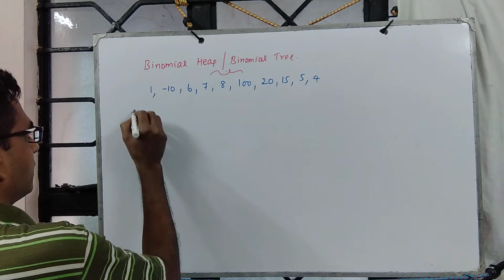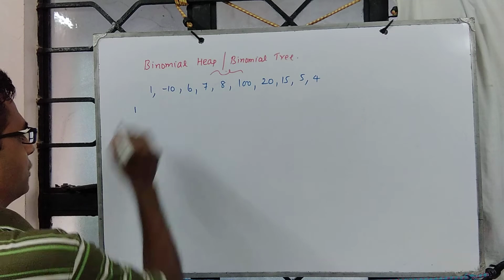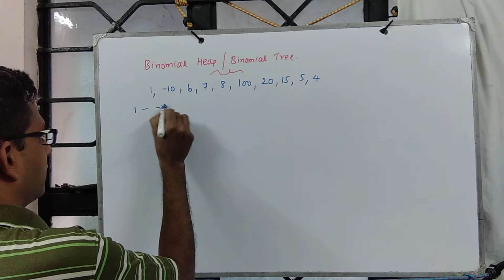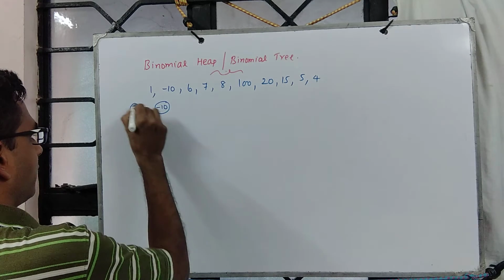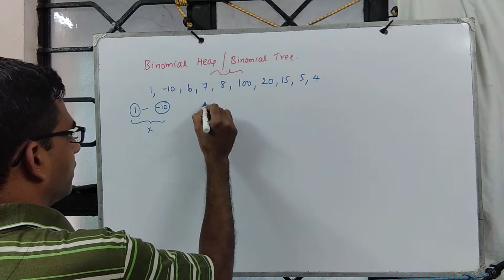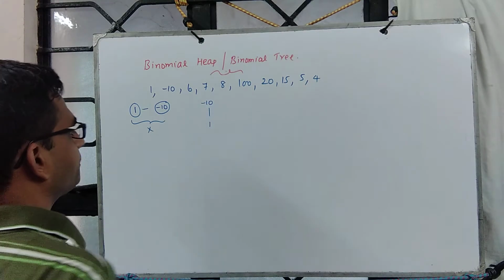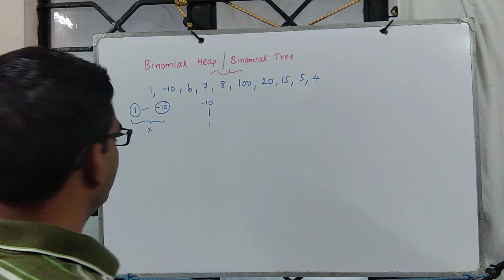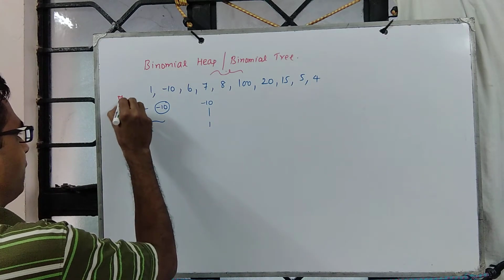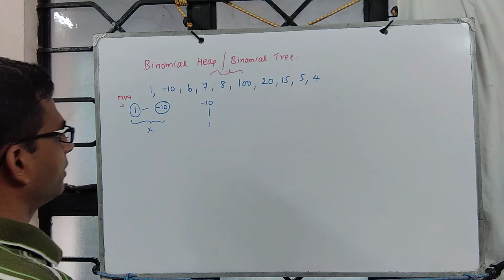To start with, we create B0 having just 1, then we add -10, then 2 copies of B0 is not allowed, so we get -10 and 1. You may maintain a pointer which can be updated on the fly. Initially this will be the minimum.